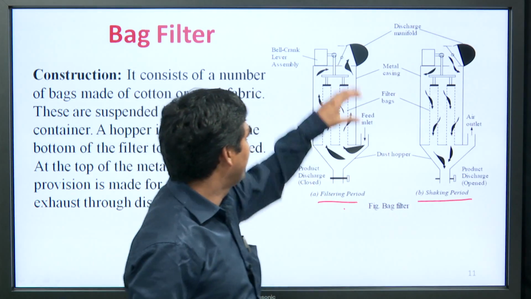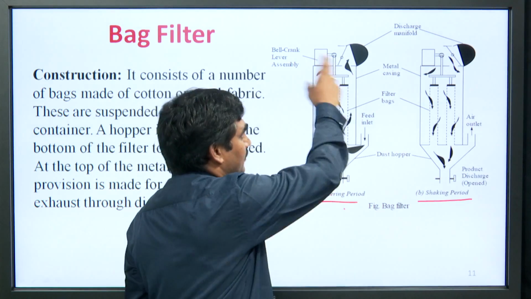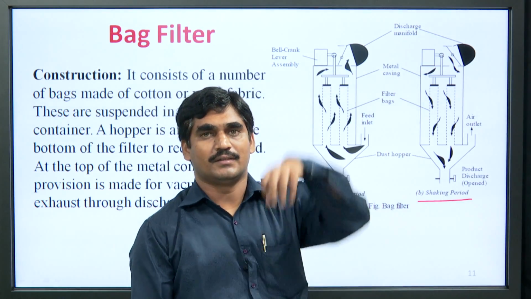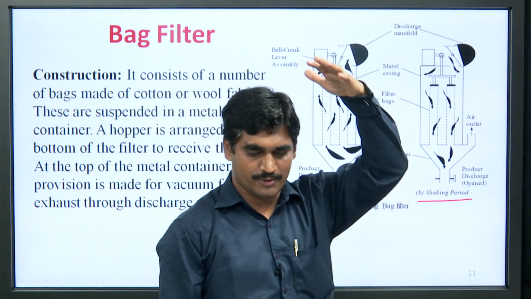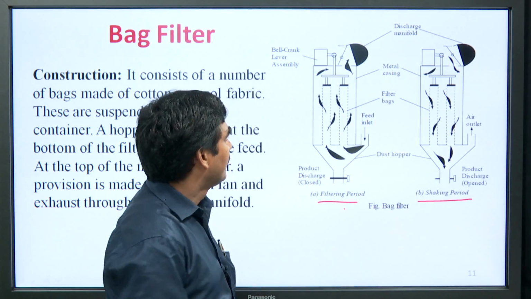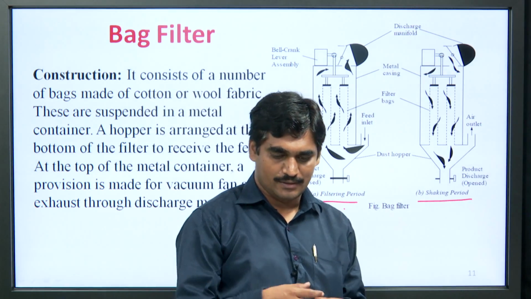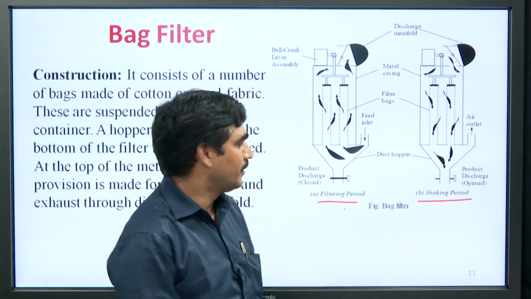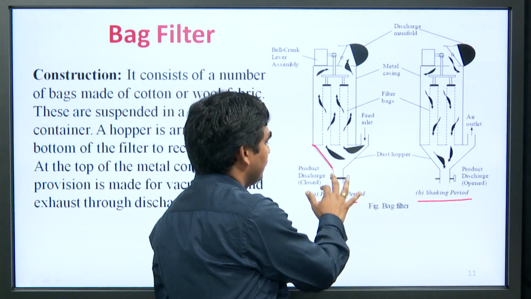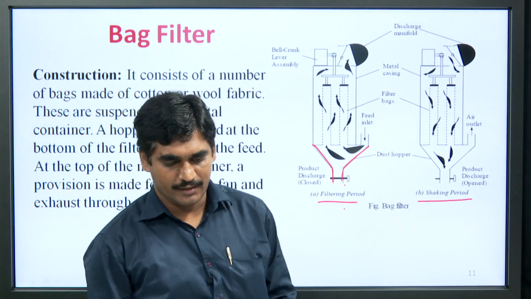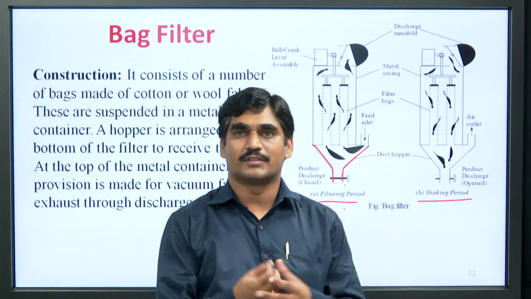These are suspended in a metallic chamber or container, the bags are suspended from the top to bottom. A hopper is arranged at the bottom of the filter to receive the feed.